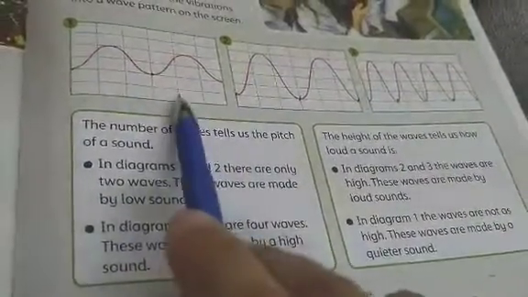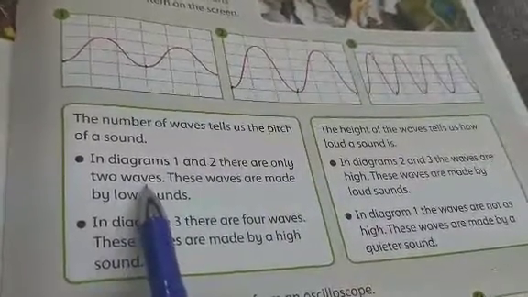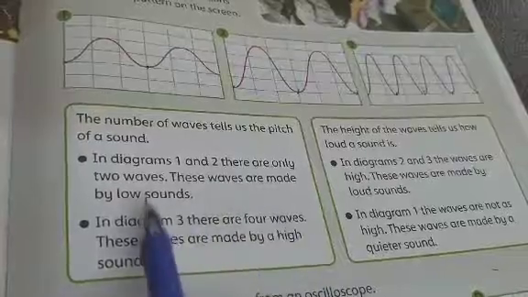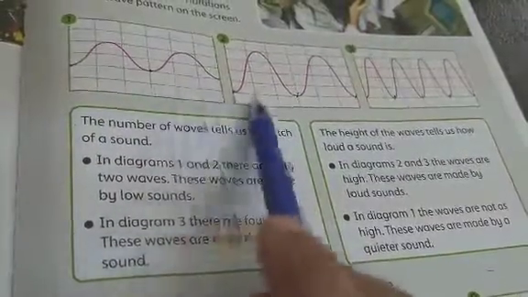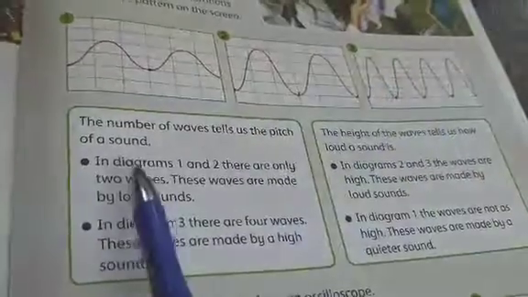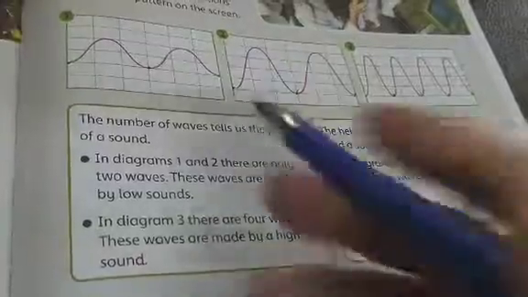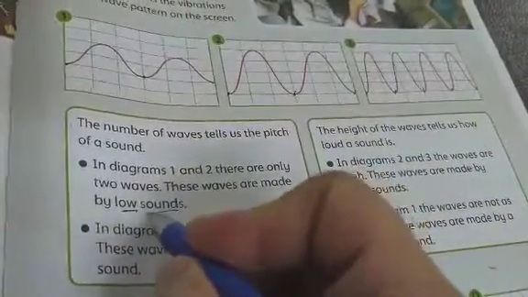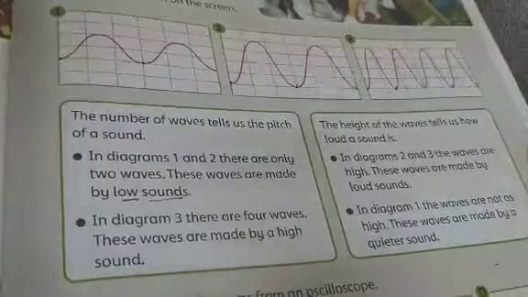So in diagrams 1 and 2, there are only 2 waves. These waves are made by low sounds. So the waves here are less than the waves here. So the pitch of the sound here will be low, like the sound of a man or the lion, not a sharp sound.